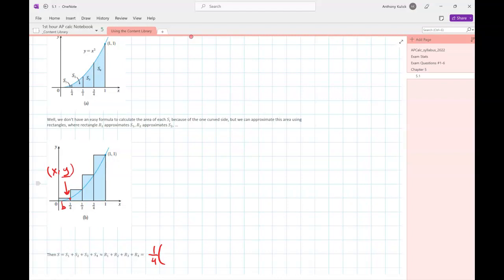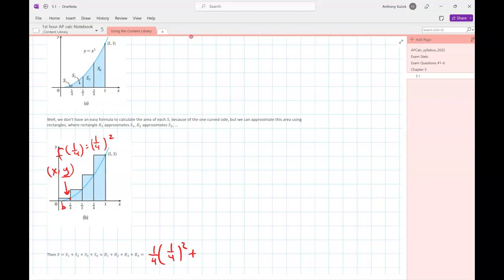Everybody agree with that? That'll be the same as the height for our rectangle, which would be f of 1/4, which is 1/4 squared, since our function was x squared. So that's R1.